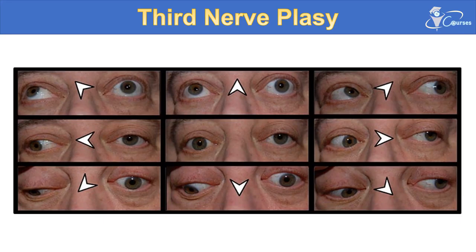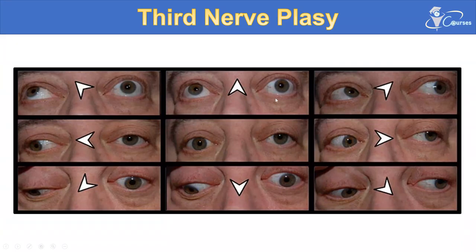The lateral rectus is supplied by the abducent nerve, while on looking medially, there will be limitation of adduction due to paralysis of the third nerve or paralysis of the medial rectus. When looking up, there will be limitation of elevation. Why? Because there is paralysis of both superior rectus and inferior oblique.